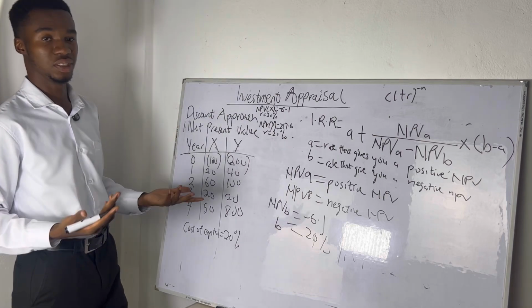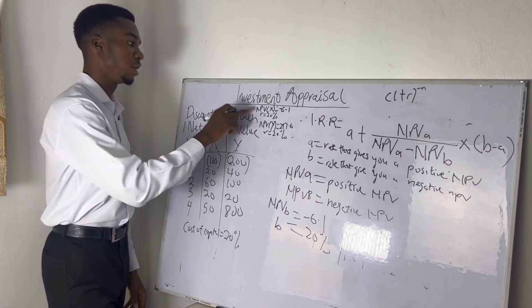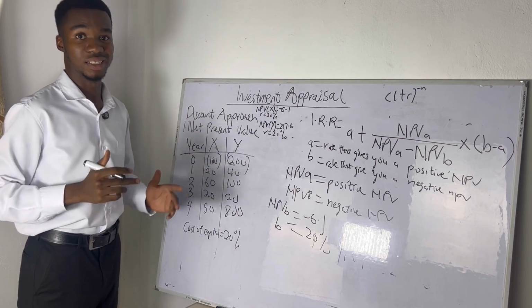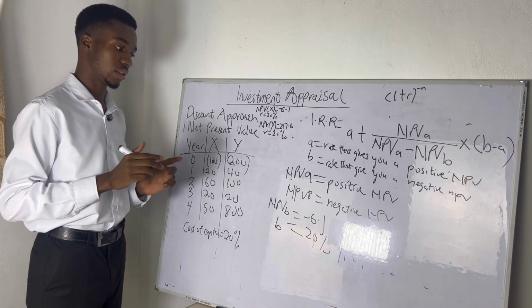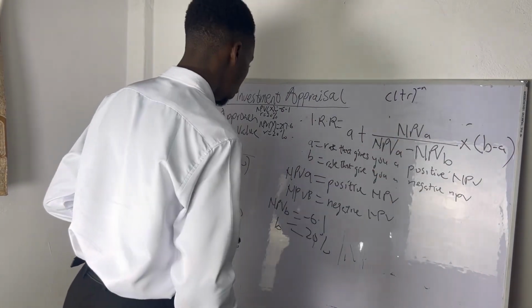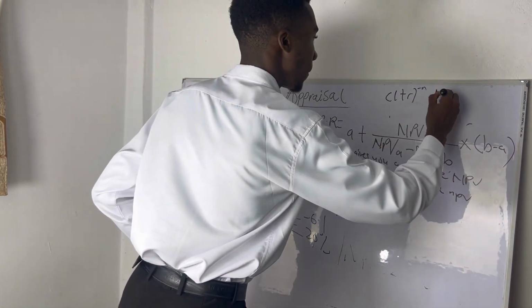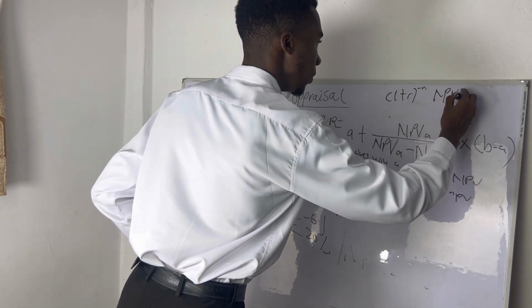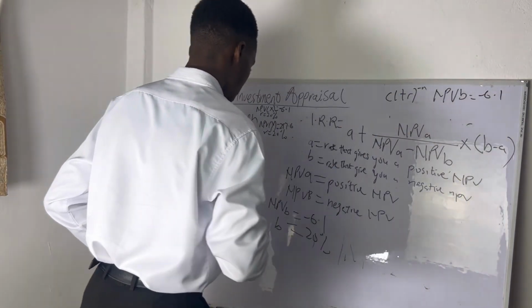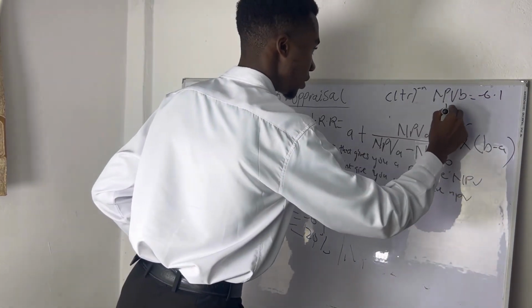Usually they use 10 and 20. So let's take the rate of 10%. You are going to find the present values again using 10%. Do you get it? Now let me write the values here. The NPV B is negative 6.1, then the B is 20%.